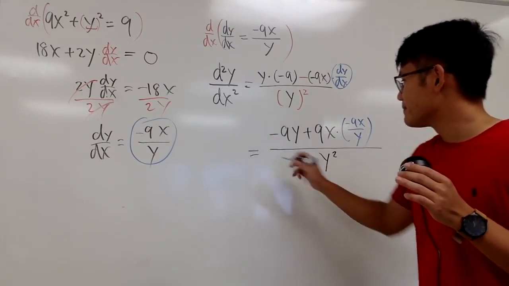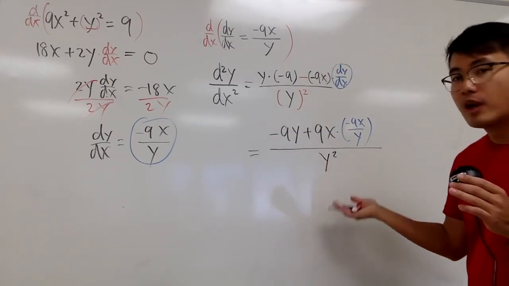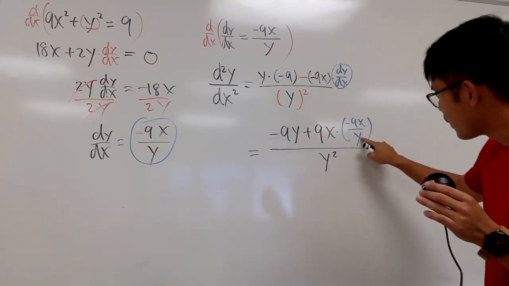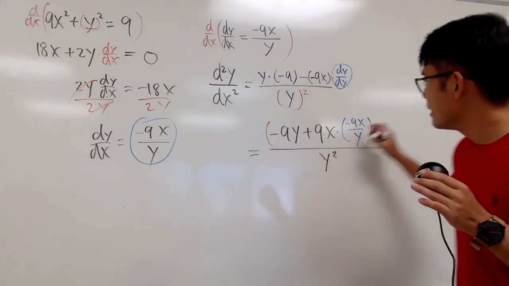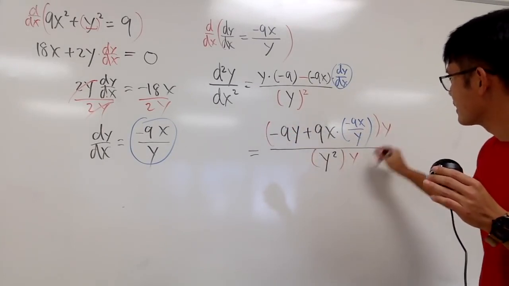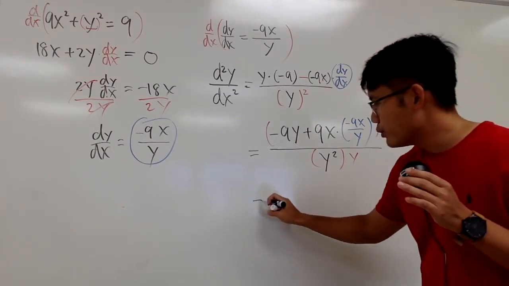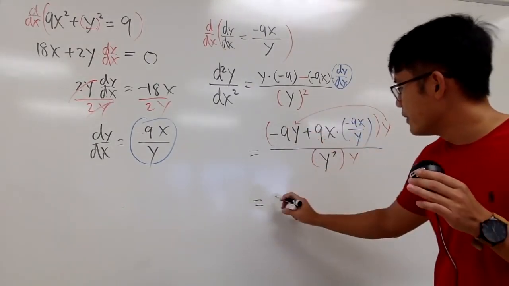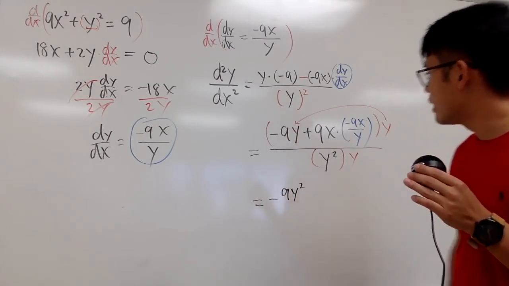So this is what we have at the moment. And if you look at this right here, we have a complex fraction because of this y. Therefore, let's go ahead, multiply the top and the bottom by this y. Okay? So we are going to have the following. Multiply this y with that, we have negative 9y squared.